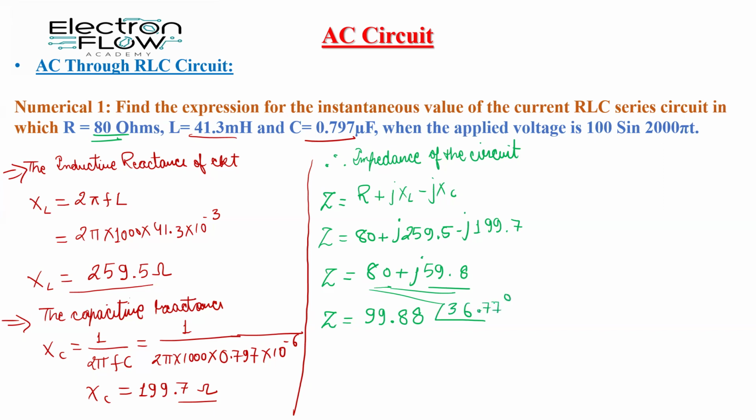So till now we have calculated XL and XC, and with their help we have calculated the total impedance of the circuit. Now, the question asks for the instantaneous value of the current. We know that I is equal to V divided by Z, so the maximum current is the maximum voltage divided by the total impedance.